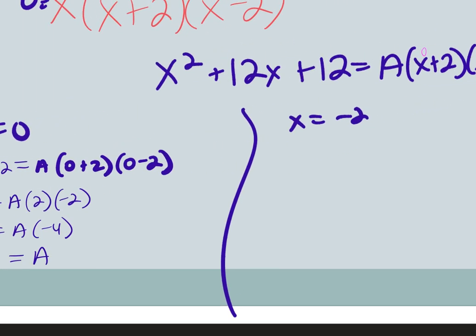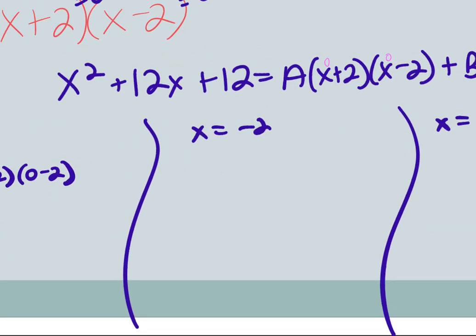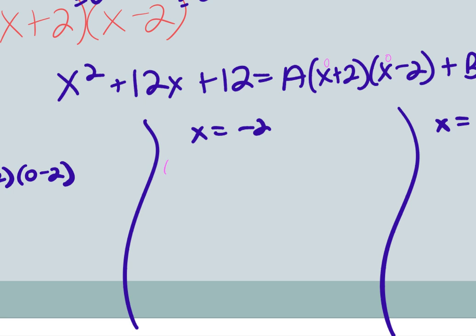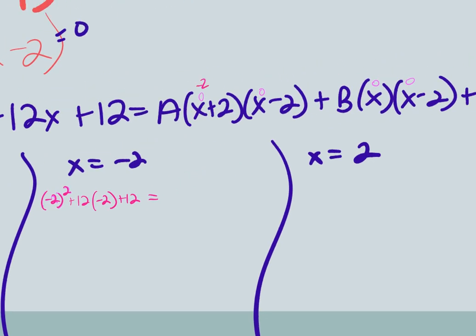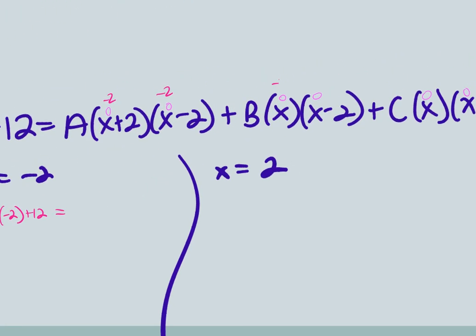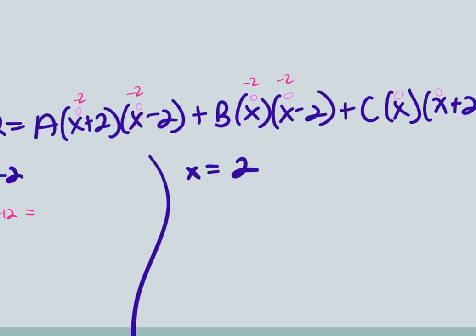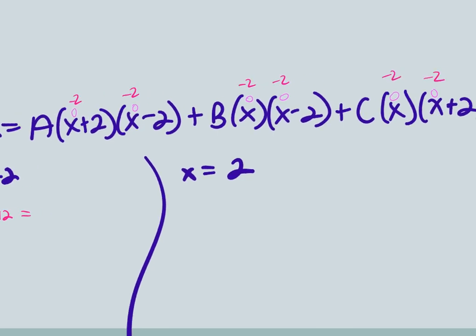Then I go to the negative 2. I'm always going to have to plug it into the left. So negative 2 goes inside the parentheses, squared. Negative 2 squared plus 12 times negative 2 plus 12 equals. Now, if these are all negative 2, which ones are going to get canceled out?